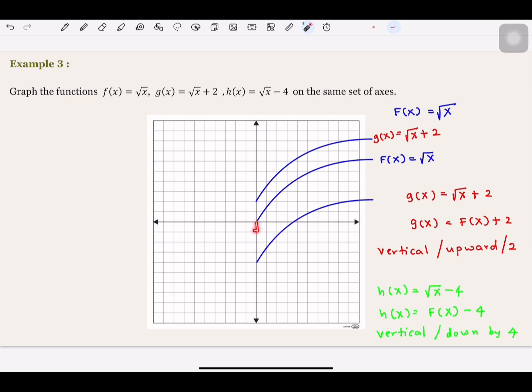That means from here to here 1 unit, from here to here another unit, 3, 4. So this is going to be negative 4, and this function over here you can name as h of x equals square root x minus 4. Yes, this is the end of example number 3.